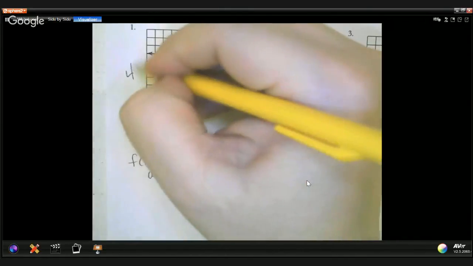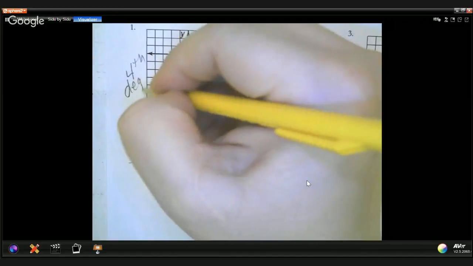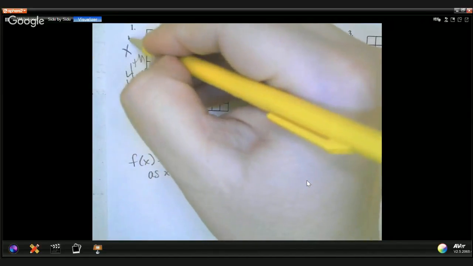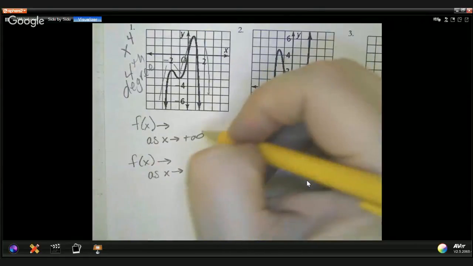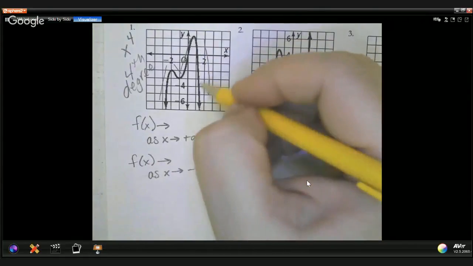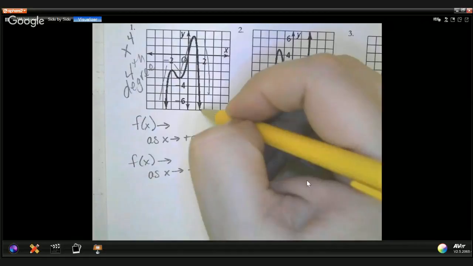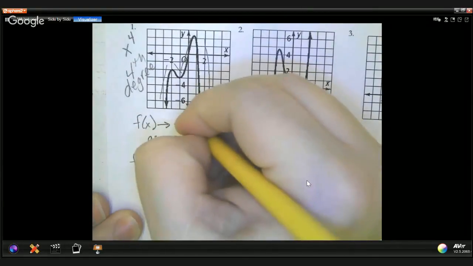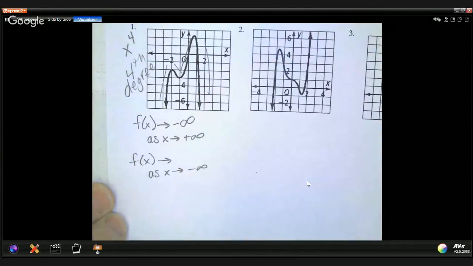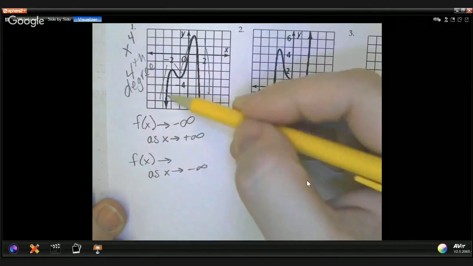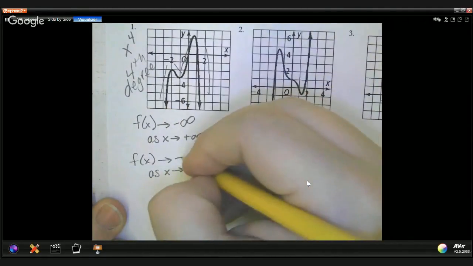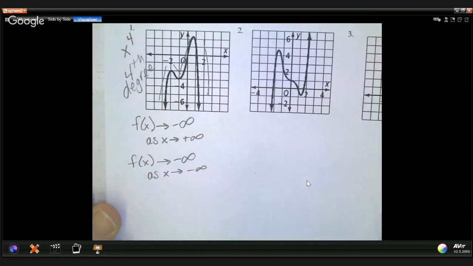So this is the 4th degree, or it's x to the 4th. Now, as I go to the right, this arrow goes down. And going down is a negative infinity. As I go to the left, on the left side, it also goes down. So this also is a negative infinity.